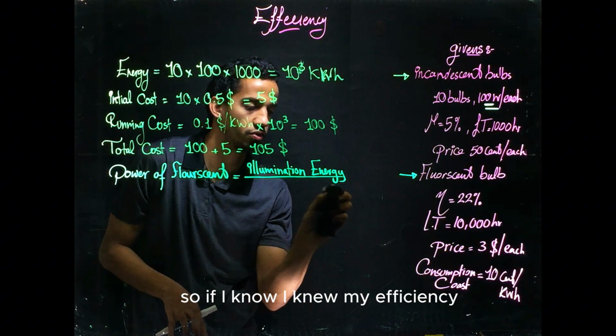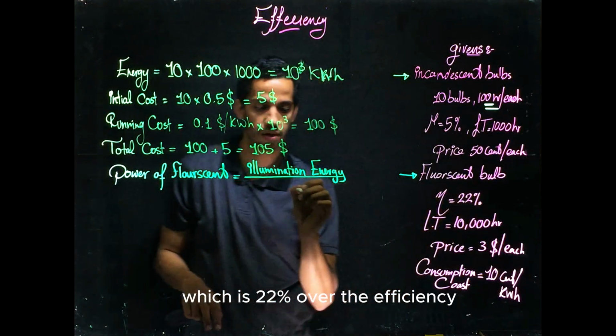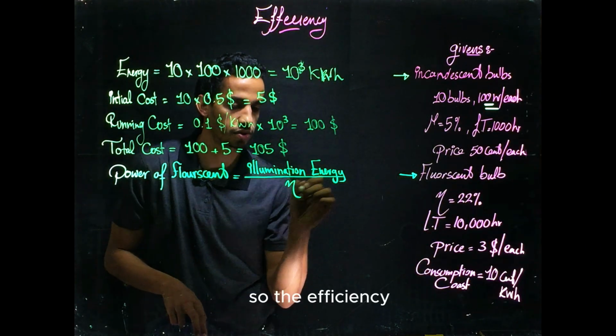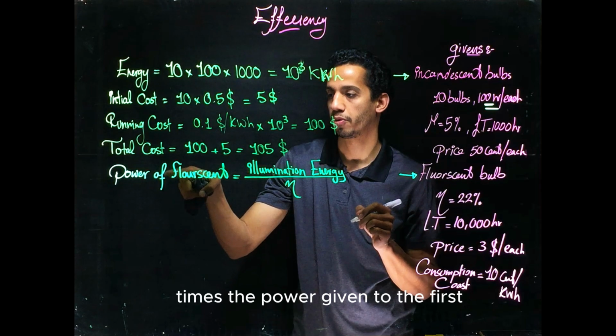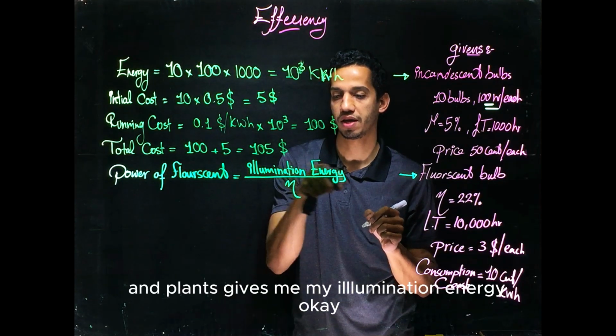So if I know my efficiency, which is 22%, over the efficiency. So the efficiency times the power given to the fluorescent lamp gives me my illumination energy.